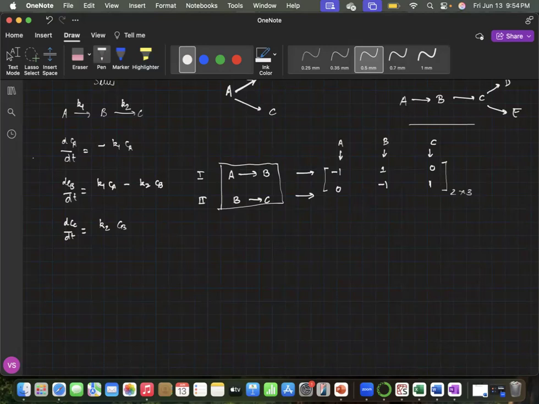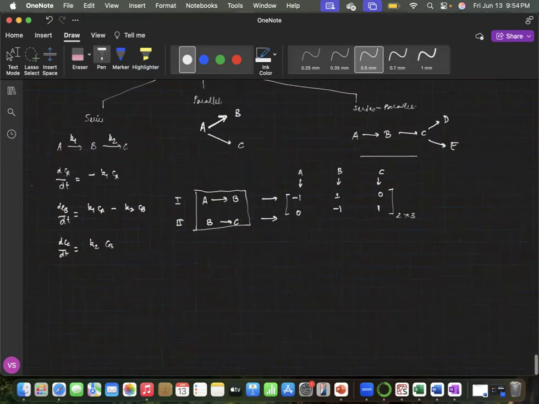So the question arises, what 1 cross 2 matrix should be multiplied from the left hand side? Maybe let's multiply it with what is called the rate vector. So this is R, which is a 1 cross 2 matrix, a row vector, right?